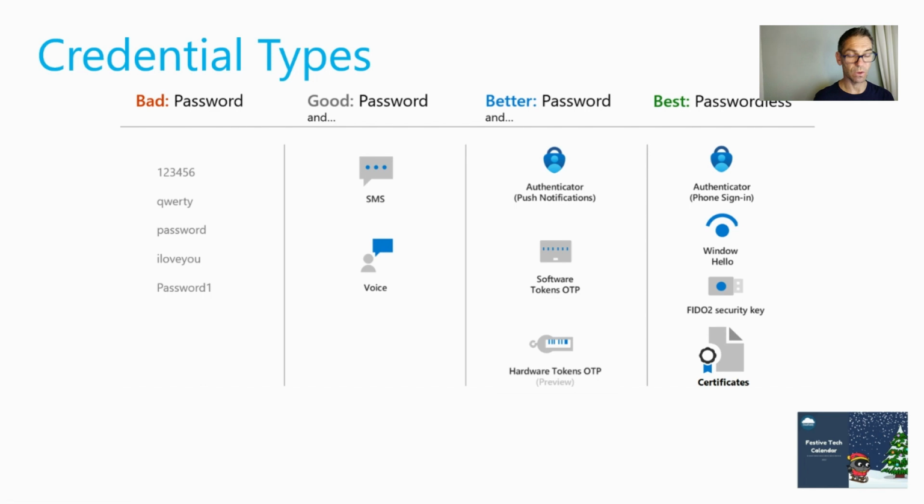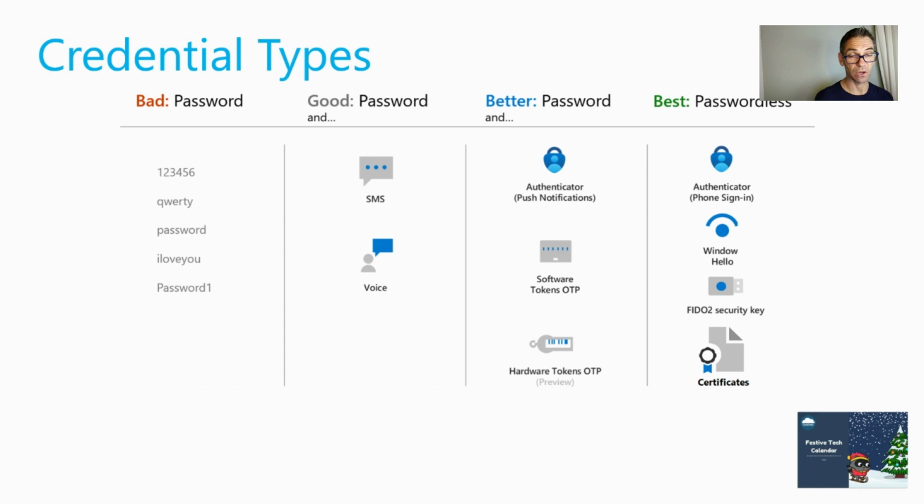The other one, which is not new, but certificate-based authentication traditionally requires on-premises infrastructure such as Active Directory Federation Services and certificate authorities for you to be able to sign in with a certificate, a user certificate or a device certificate.